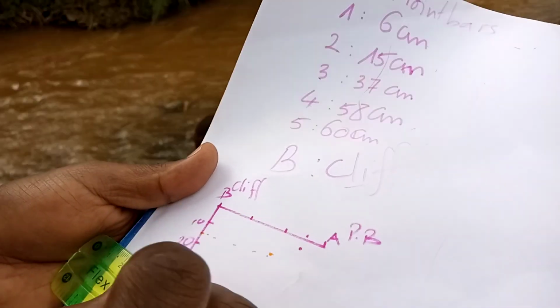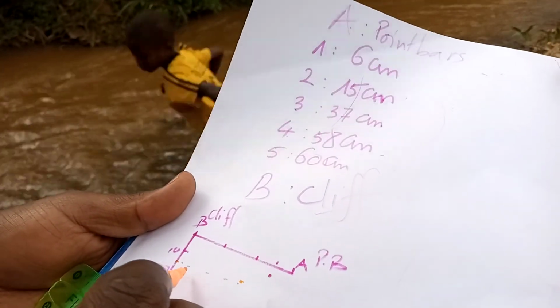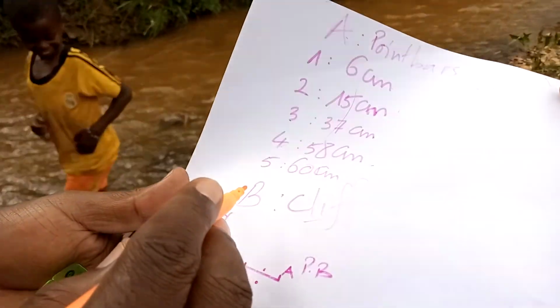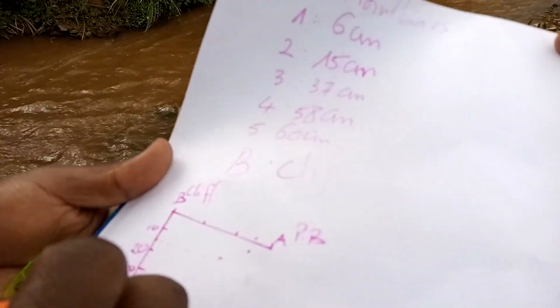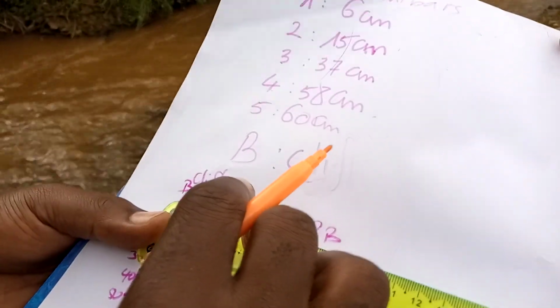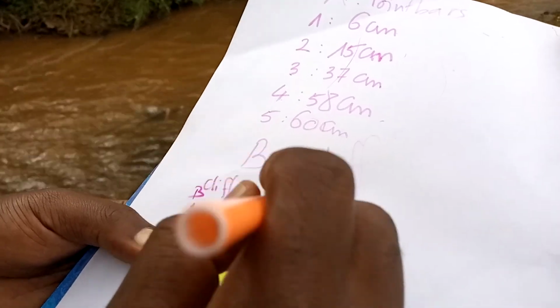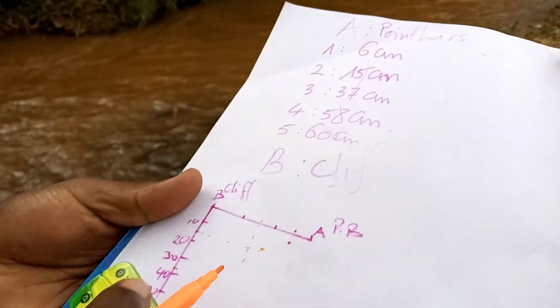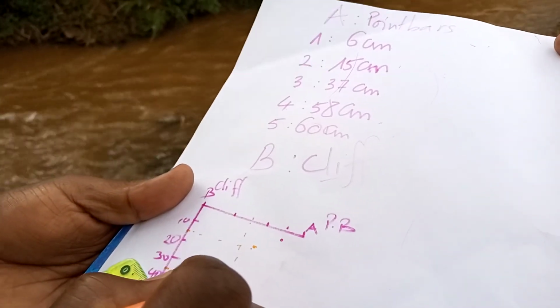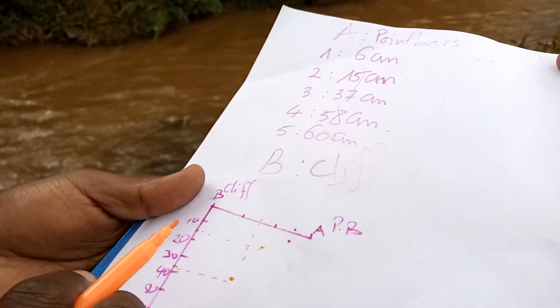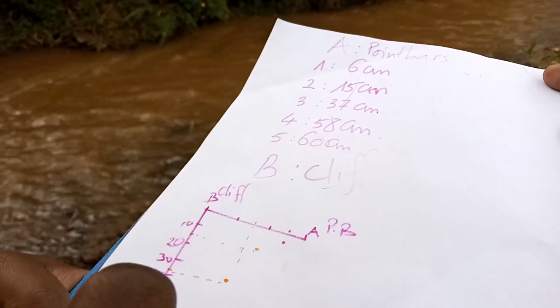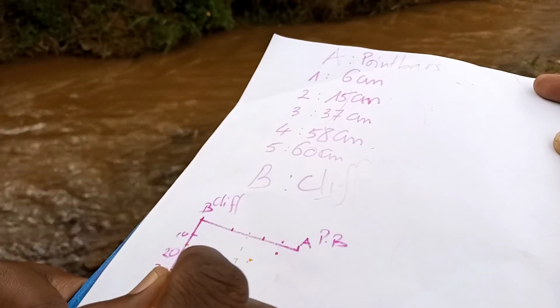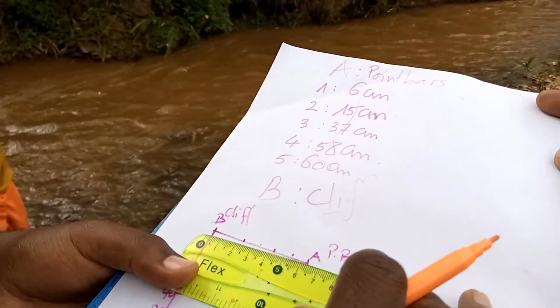Third is 37. 37 is like here, and the third is here. So if I plot here and 37, it will hit here. Fourth is 58. 58 is like here, and the fourth is here.